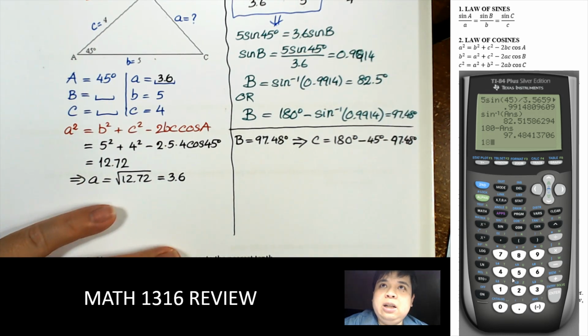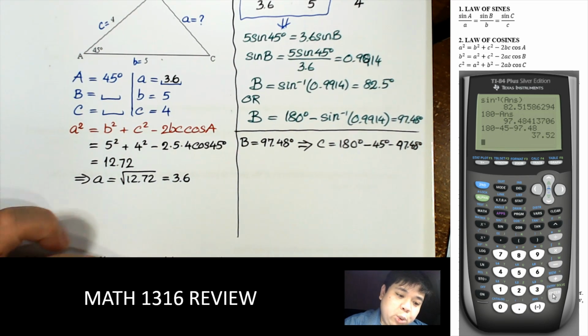So 180 minus 45 minus 97.48, that gives 37.52.